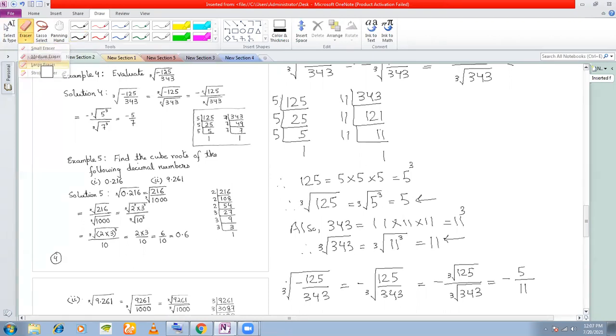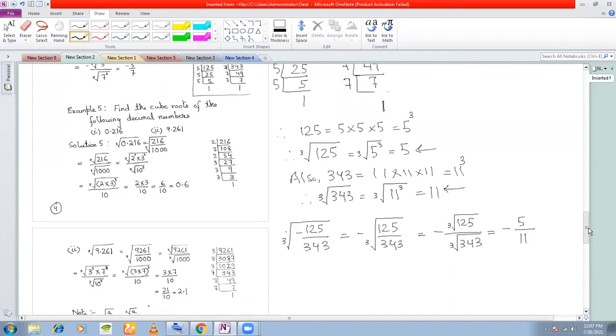No, sir. Excuse me, sir. Tell me. Sir, the cube root of 343, can we write 7? Oh, it should be 7, no? Yes, sir. My prime factorization is wrong. It should be 7, and this should be 49, and this should be 7.